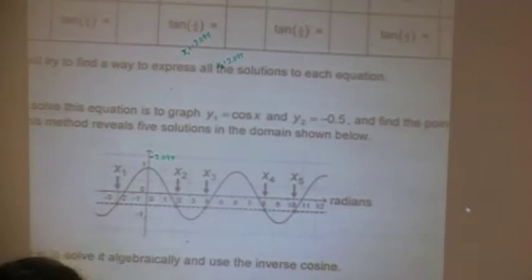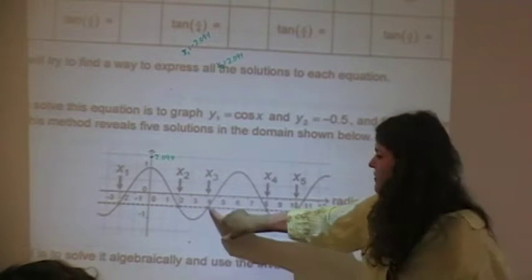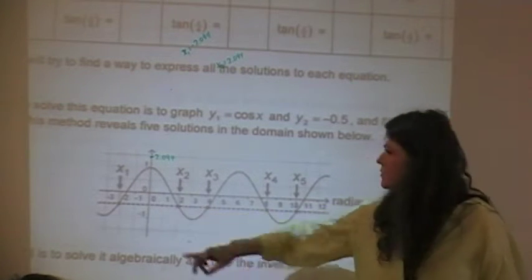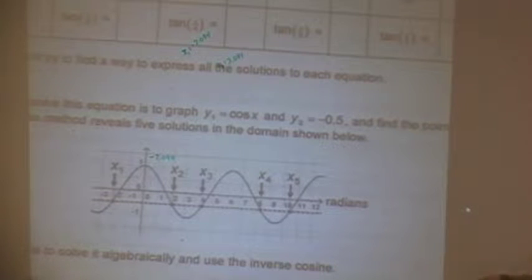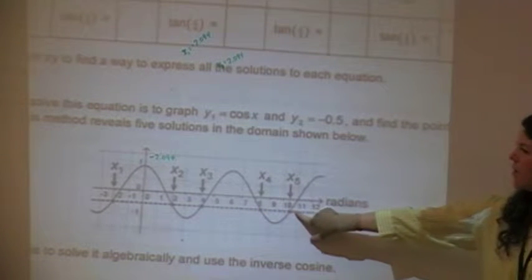My positive point, and if you look at it on the graph, you can see it is just a little past 4. My next point, this one was positive 2.094. Add 2 pi. 8.377. That's this one.